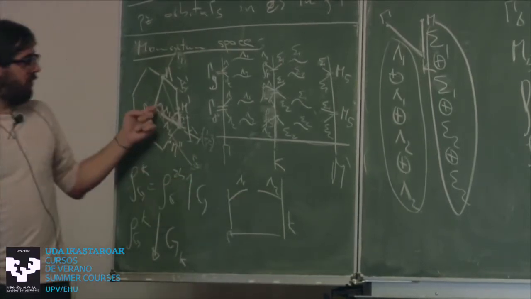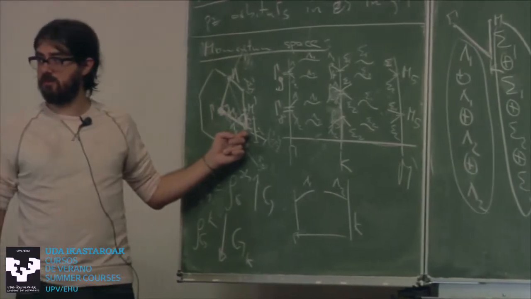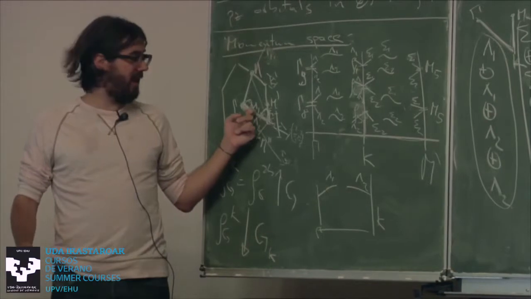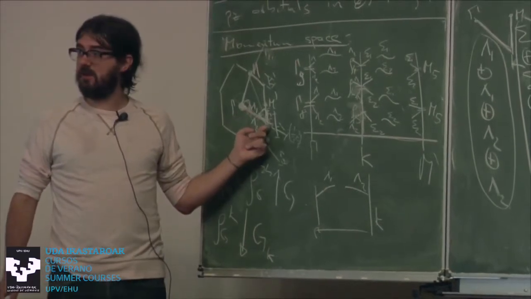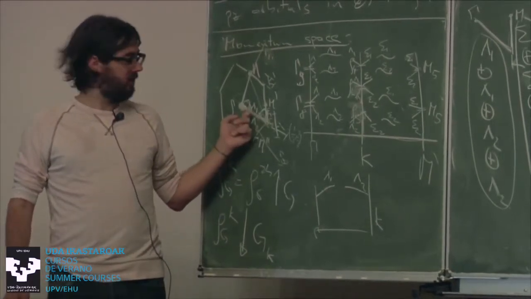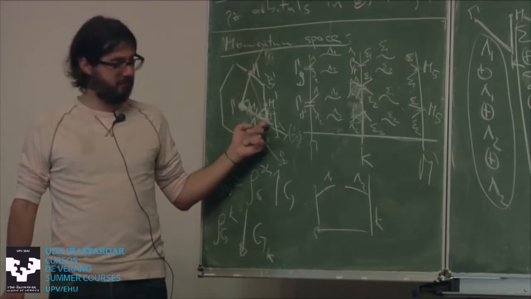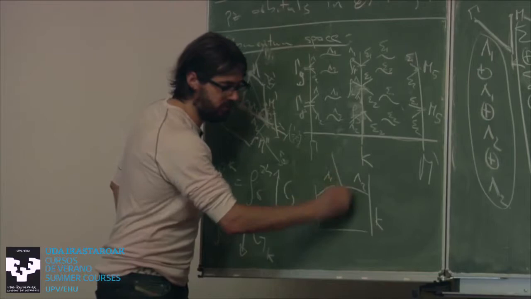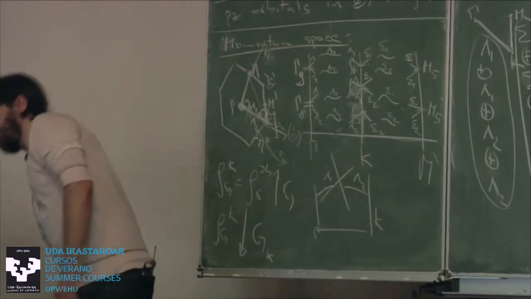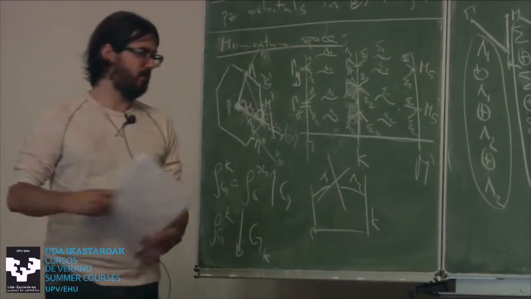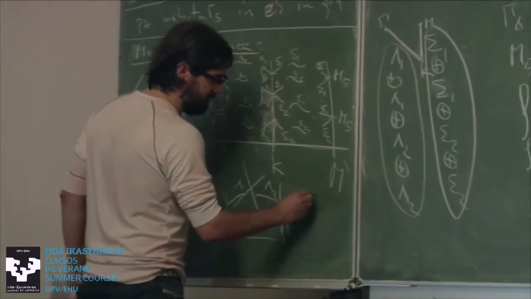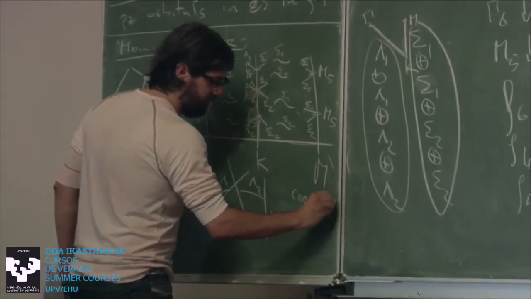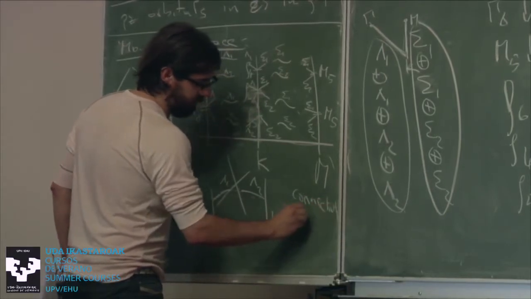Once I move on this line, I have the same symmetry group, so I cannot change representation in a single band moving along this line. One band has one representation on this line. I cannot change the representation, so this is not possible. These are called connectivity rules. We call them connectivity rules in the Brillouin zone.